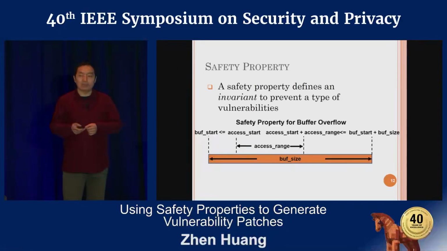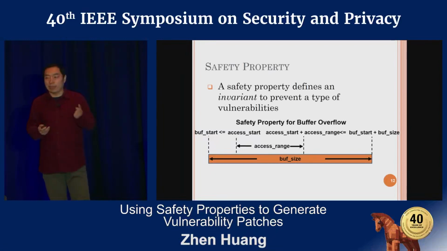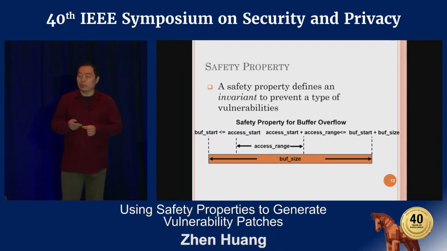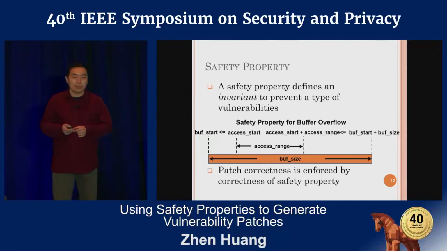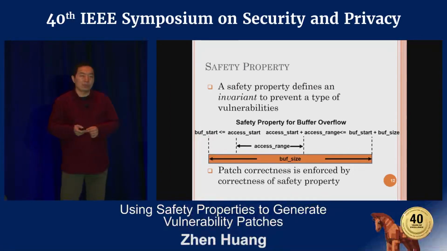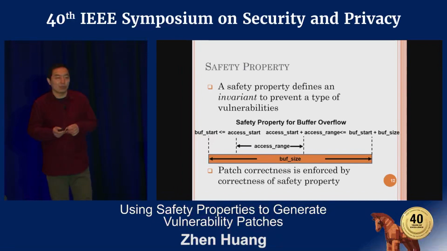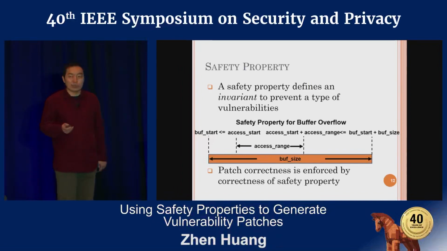As long as the range of size is within the bounds of the target buffer, no vulnerability can occur. By doing this, the correctness of the generated patches is enforced by the correctness of the safety properties used to generate these vulnerability patches.